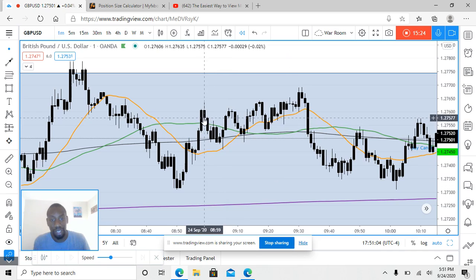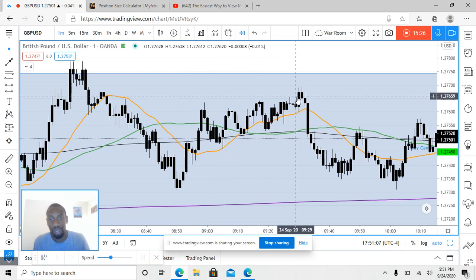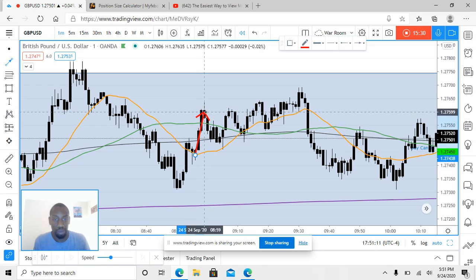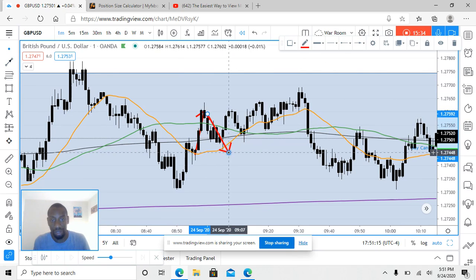Market's going up. What do you have? Boom. What is that? Market stopped here. Market structure started here, it stopped here. What happened next?